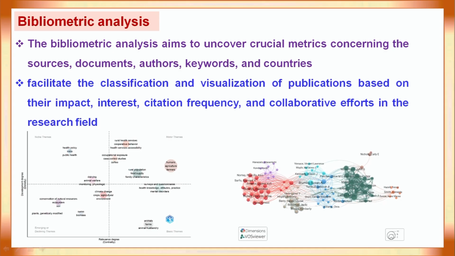Your organization must have a subscription so that you can access those databases. But there are a number of free databases also, like Dimensions AI, that is a free database for bibliometric analysis.